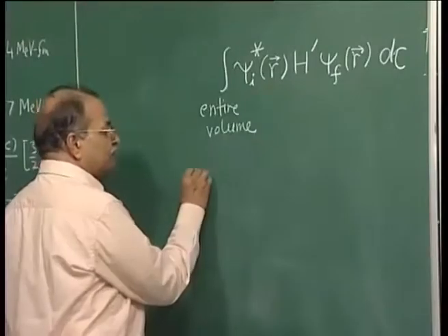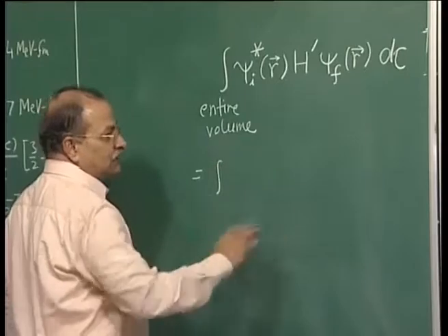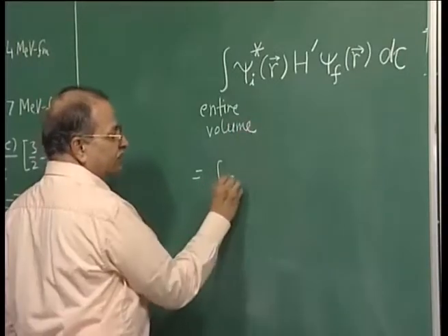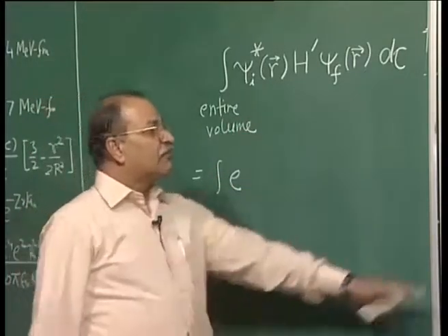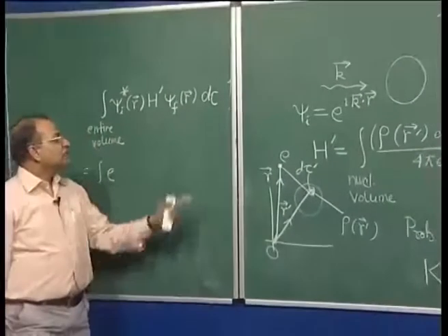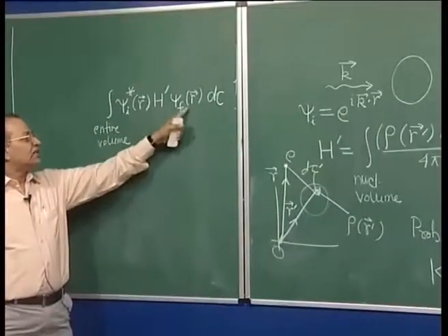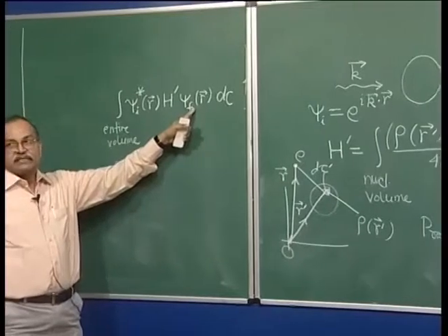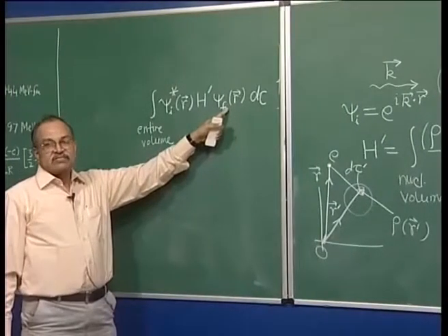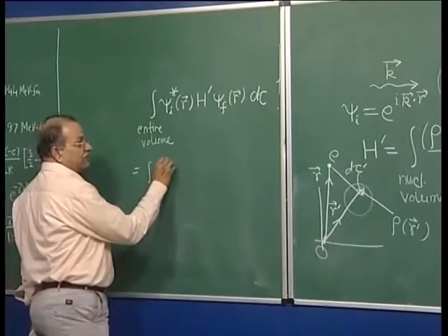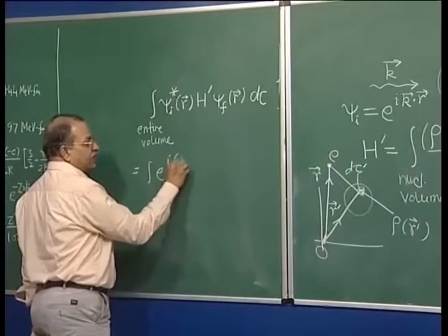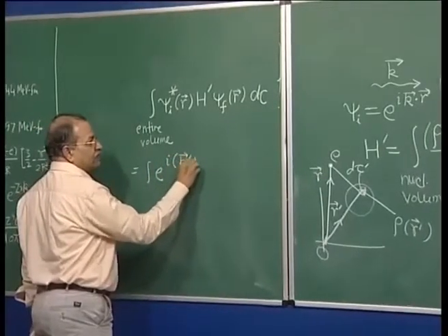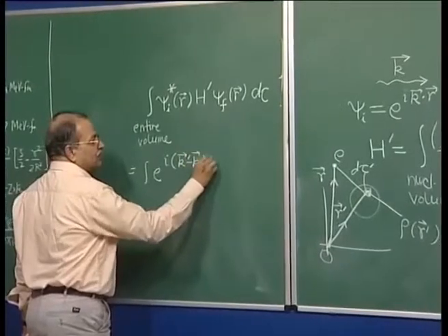So, if you write this will become a long expression, psi i star will be e to the power minus i k r. This is multiplication only. So, I can first multiply this psi i star and psi f. So, this will become e to the power i (k prime vector minus k vector) dot r.